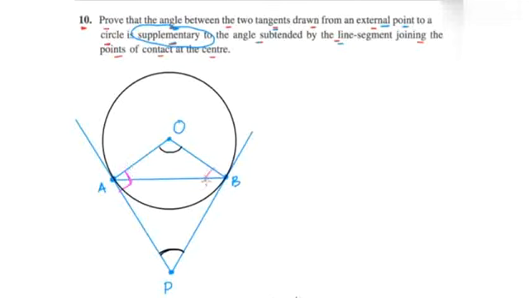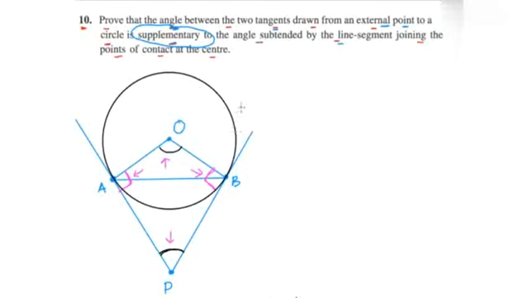And similarly, angle OBP will also be equal to 90 degrees. And therefore, if you consider quadrilateral OAPB as a whole, the sum of the four angles in the quadrilateral must be 360. And of those four angles, angle OAP and angle OBP sum to 180 degrees. So the remaining two angles, which are angle P and angle O, will also have a sum of 180 degrees. So this is the logic that we are going to use.